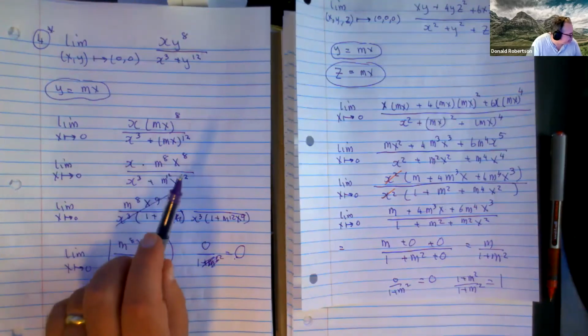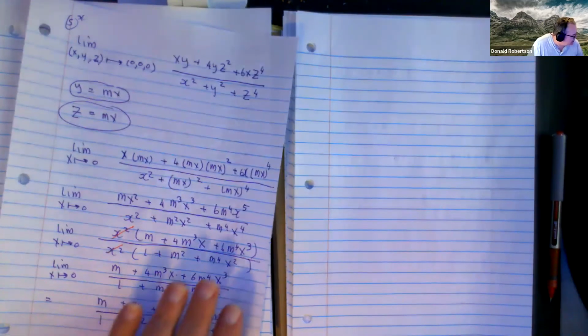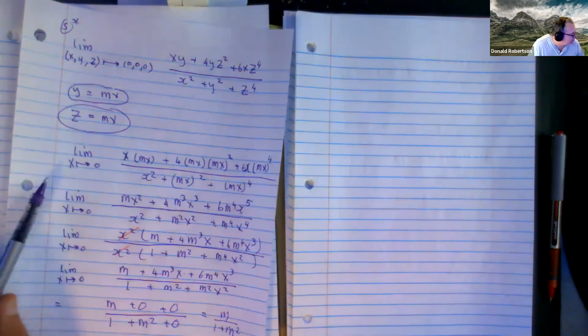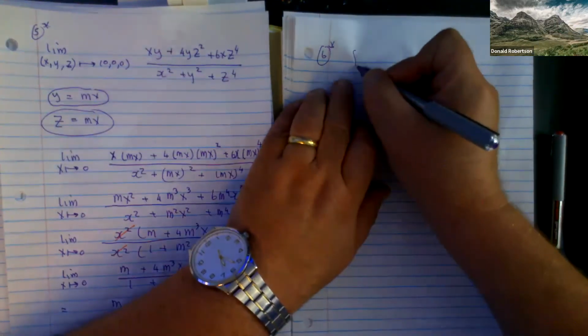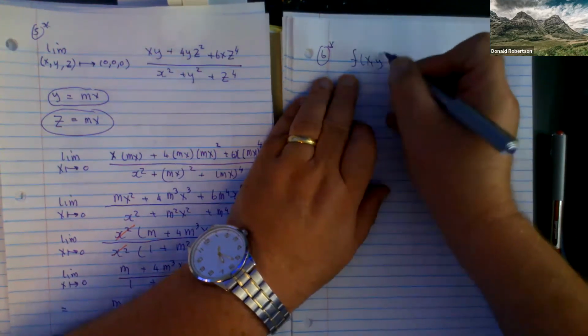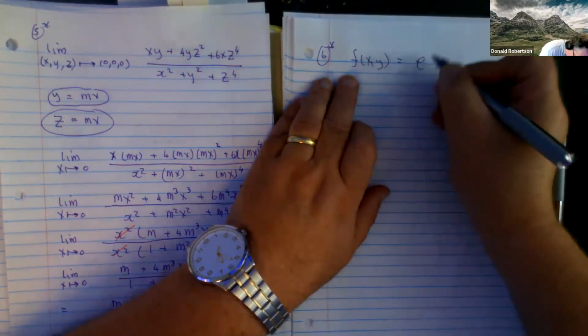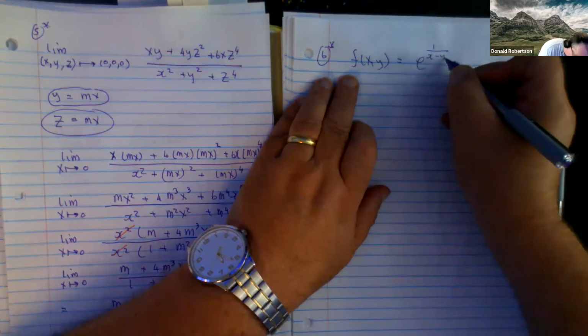Okay. The next, it's actually a short section, so that's good. If we get this finished, we'll be finished for today. And we're about halfway through. In question 6, we have a multivariable function, which is equal to that.